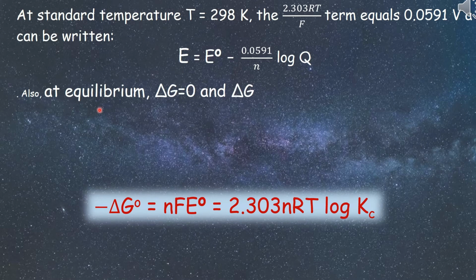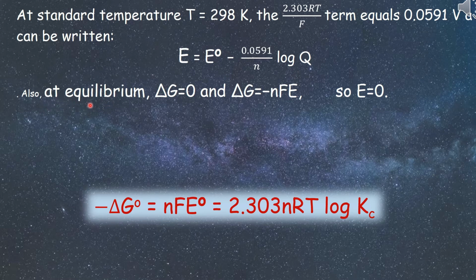Now as the redox reaction proceeds, the reactants are consumed and the products are formed. The non-standard cell potential will decrease till the equilibrium is reached.